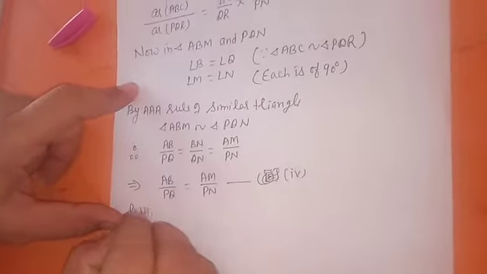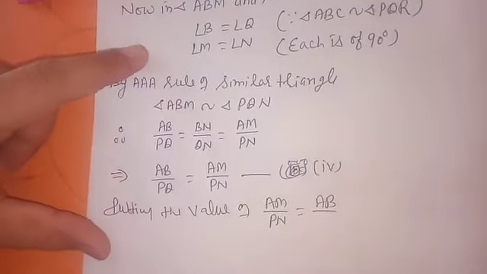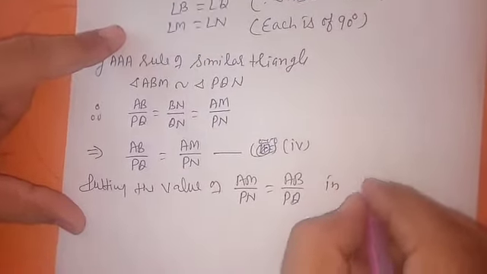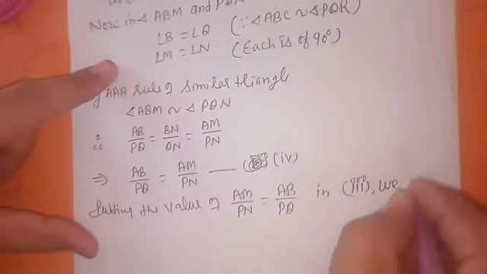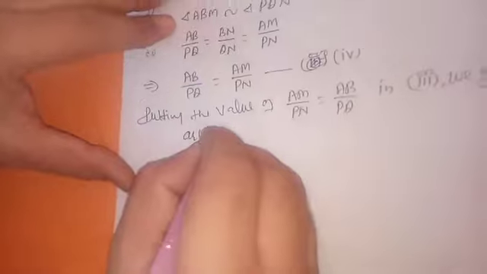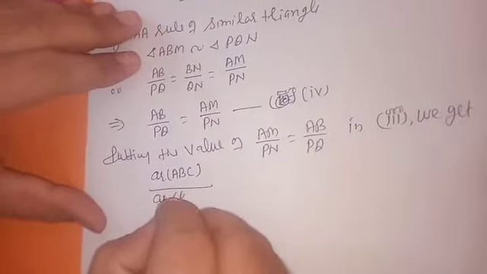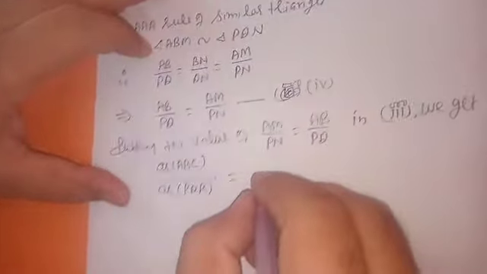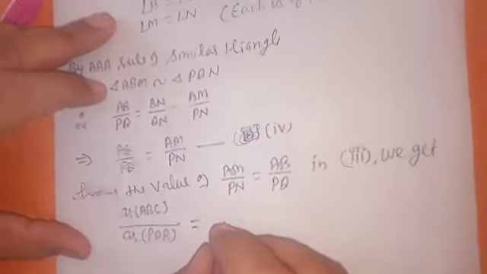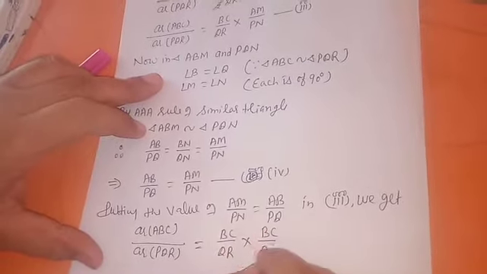Putting the value of AM by PN equal to AB by PQ in the third, we get area of triangle ABC by area of triangle PQR is equal to BC by QR into BC by QR.